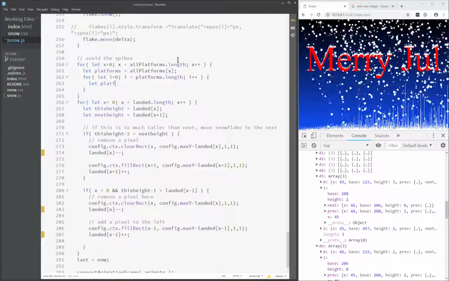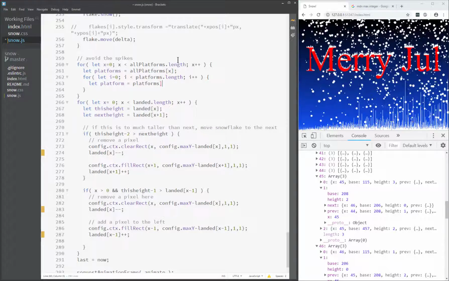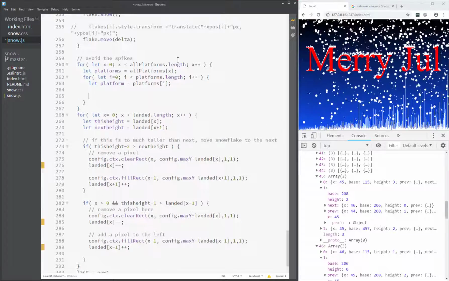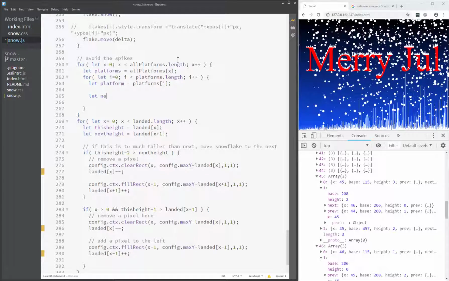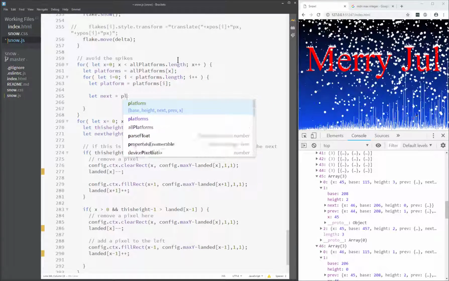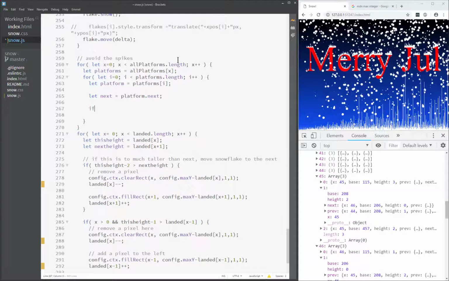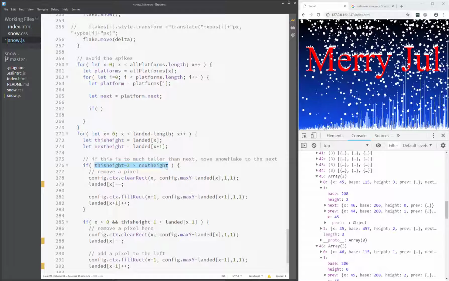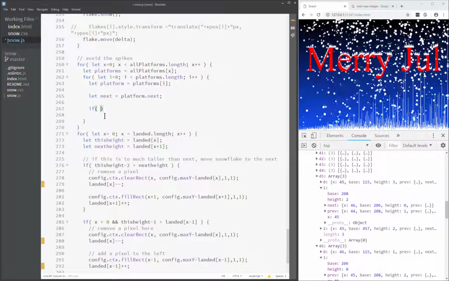This platform I'm looking at would be my platforms at position i. And then I just need to check my neighbor. So my next neighbor, that would be my platform dot next. And then say, like here, I say if this height minus 2 is greater than the next height. And that was before when I only looked at the heights, but now I also need to look at the base.